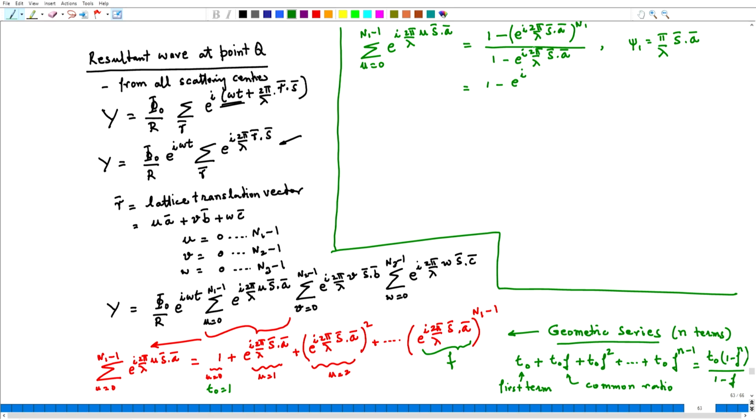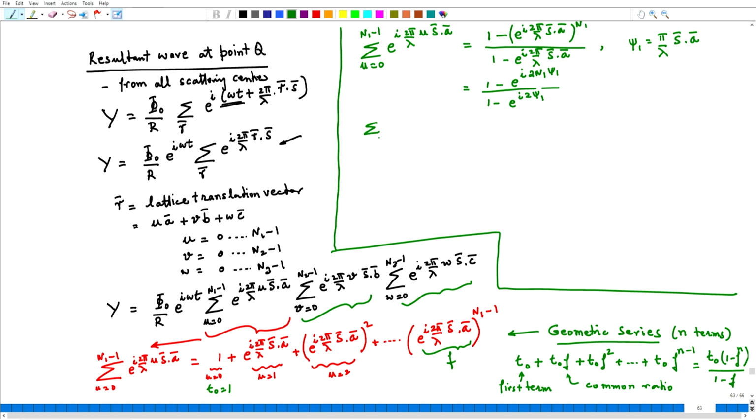Now, pi upon lambda s dot a is replaced by psi 1, and this n1 can be brought inside, and there will be a factor of 2. So, i times 2 n1 psi 1 upon 1 minus e to power i 2 psi 1.